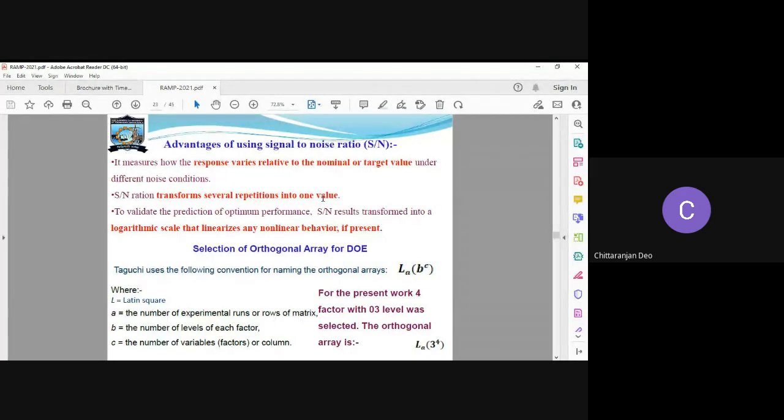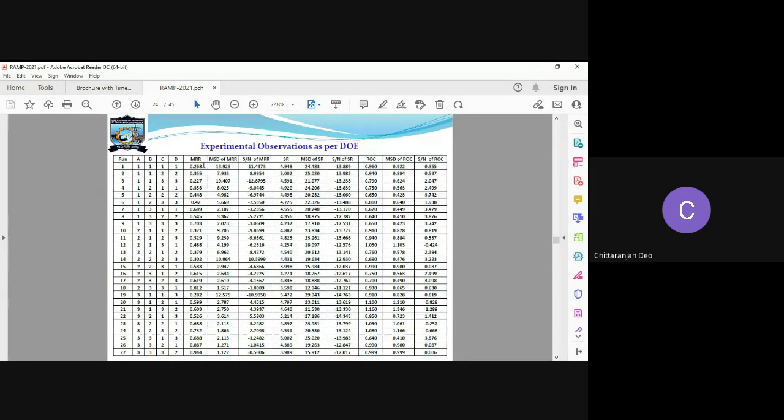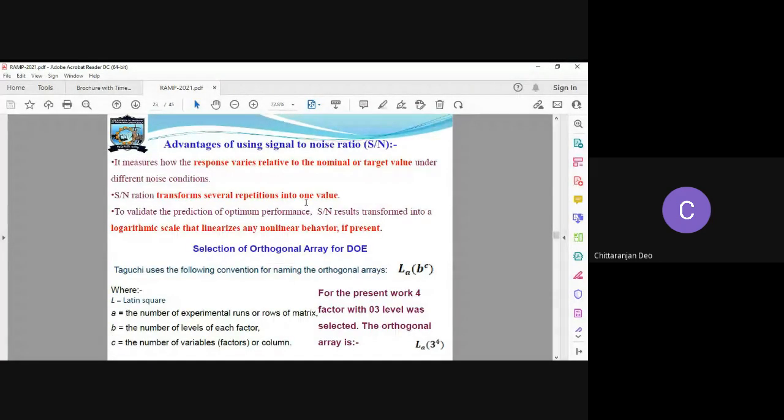And to validate the prediction of optimum performance, the SN ratio is transferred into the logarithmic scale, that linearizes any non-linear behavior if present. So due to this advantage of SN ratio, we have calculated the SN ratio values for all the responses, like MRR, surface roughness, and radius of overcut.